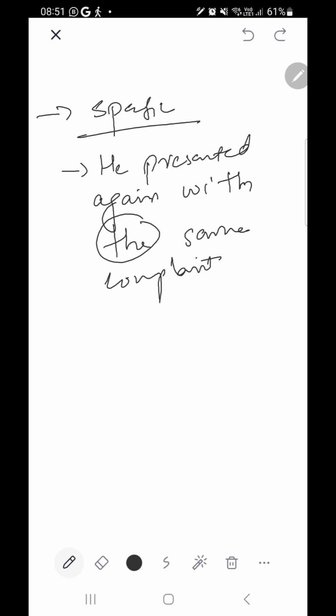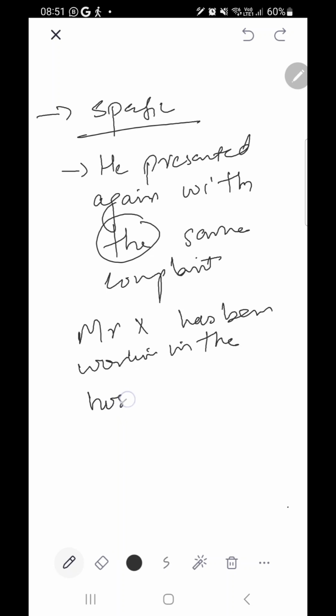Okay, Mr. X has been working in the hospital, name of the hospital, for the last 5 years.